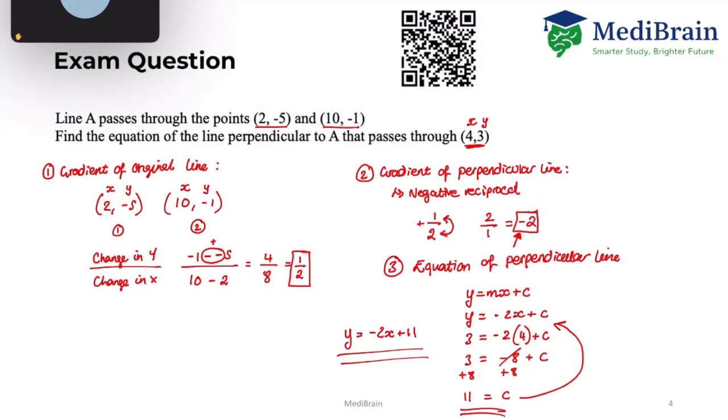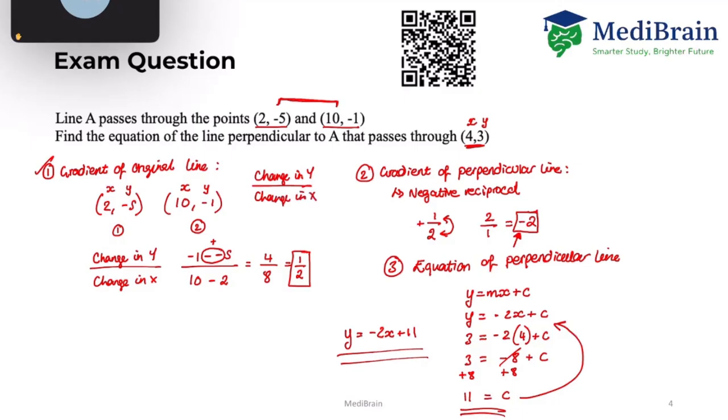So over here, in the previous question, we were given two coordinates. Whenever we're given two coordinates, we work out the gradient. We know the line A passes through these two coordinates over here. The first step, because we were given two coordinates, we worked out the gradient of the line. And the way that you work out the gradient of the line is you work out the change in y divided by the change in x.